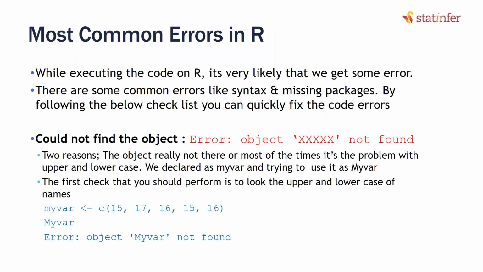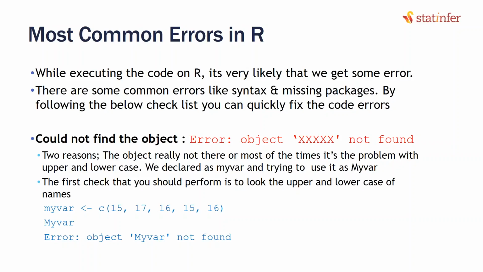The first one that I have observed during my whole experience in R is the syntax error. You will be defining the data set as something, and you will be very comfortably writing, ignoring the cases, and you will write the code and R will throw an error saying that the data set not found.